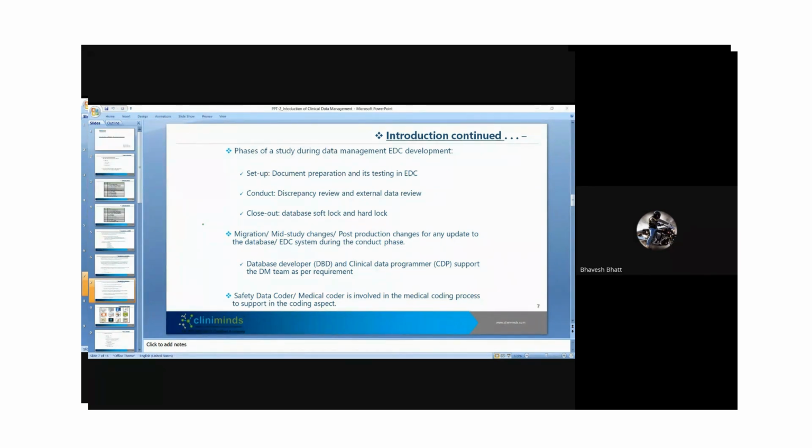So while the database development is ongoing, let's say during the setup phase, if there are any changes which are not implemented, or if there are any new changes which need to be implemented once the study is gone live, as moved from setup to conduct.